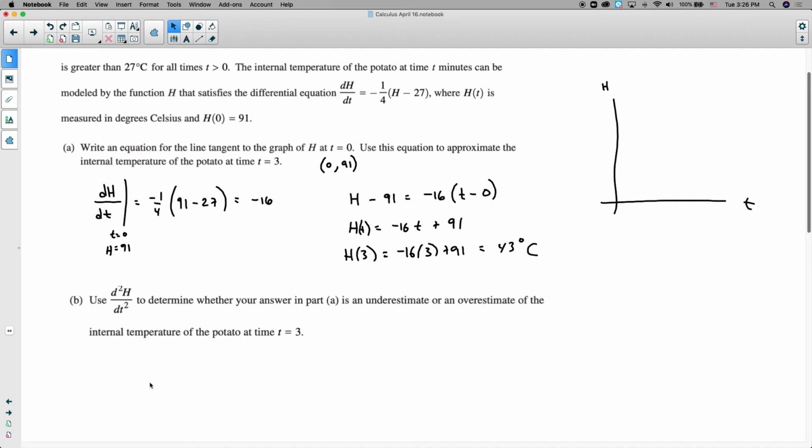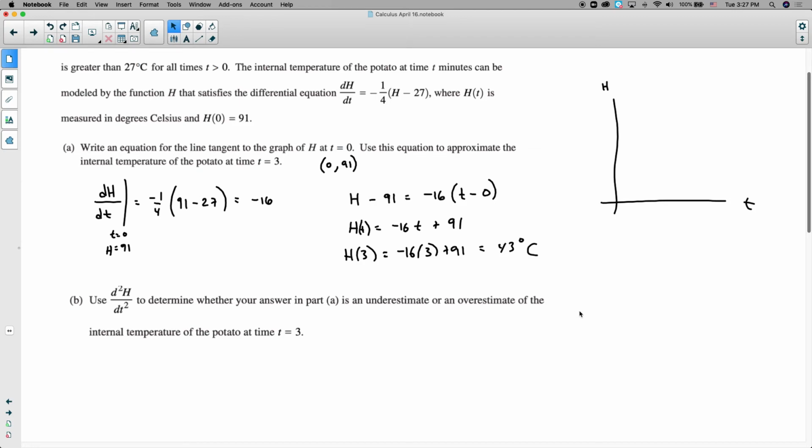It says to use the second derivative of h with respect to t to determine whether our answer from part A, this 43 degrees Celsius, is an underestimate or an overestimate of the internal temperature of the potato at time 3. Okay, so what we need to consider on this one, since the second derivative tells us something about concavity, we could consider the two cases.